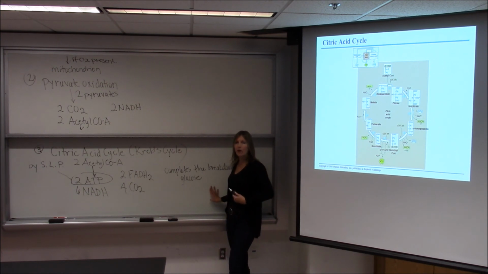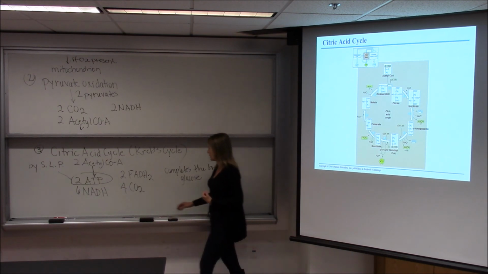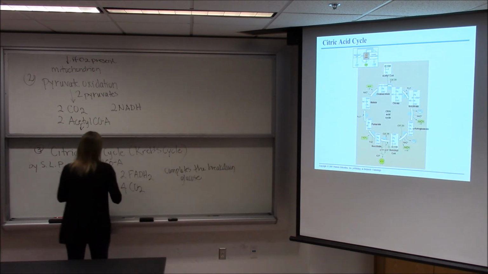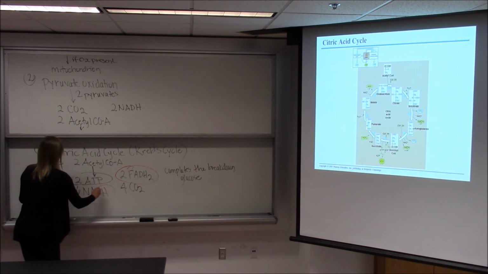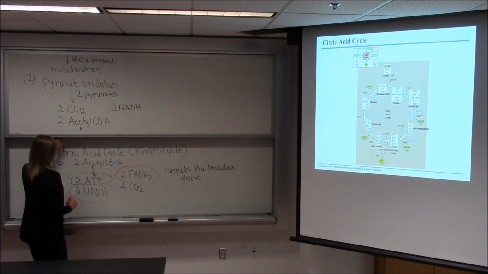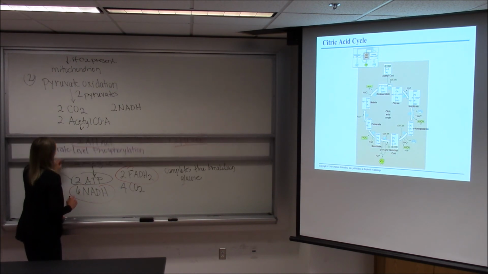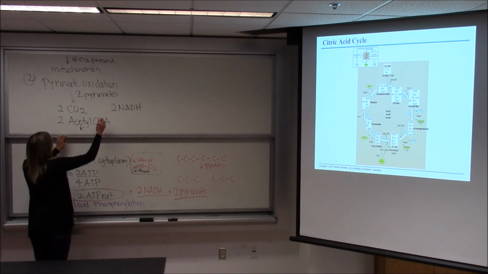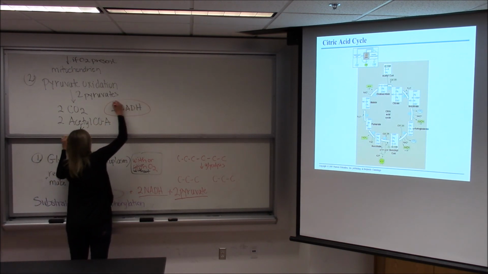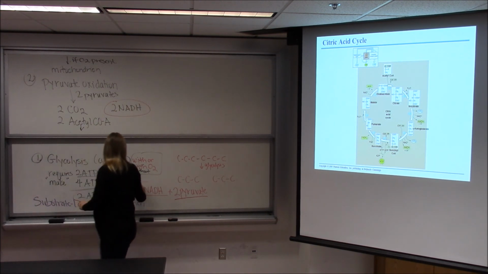So where is all of the energy from that original glucose molecule? Well, guess what? It's in the hydrogens. It's in those electron carriers. And this is the unbelievable part of the story to me. So let's count. 2 plus 6, that's 8. 10, 12.